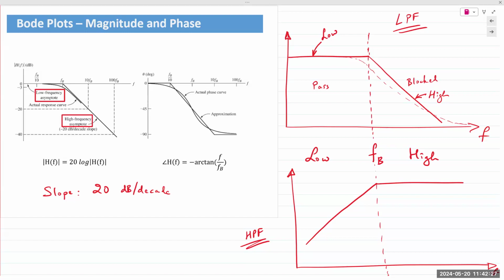This 20 dB per decade, the value of 20 comes from the fact that it's a first order filter. First order filter is 20, second order it's 40, and so on and so forth. Third order is 60, fourth order is 80.